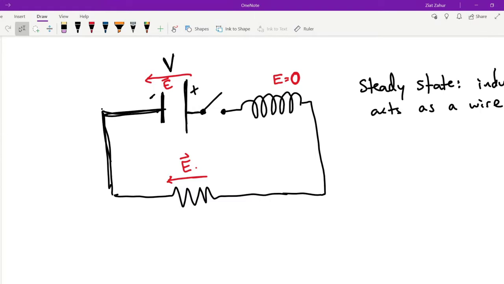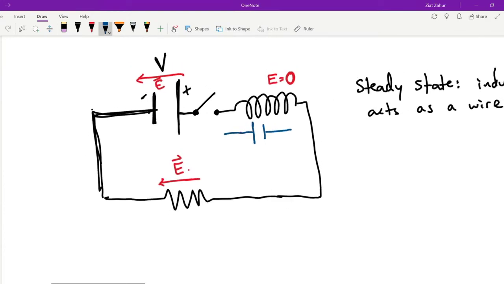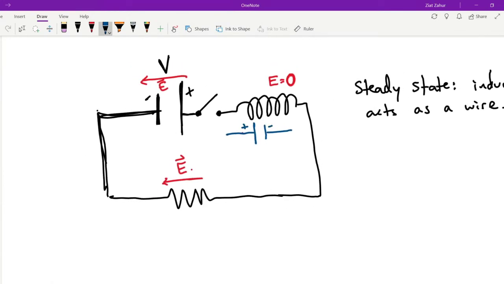That current will fight the change, the original change that you are causing, which means that the inductor is able to act like a battery. And I'll draw the battery, this hypothetical battery, in the opposite direction because it's going to fight it.